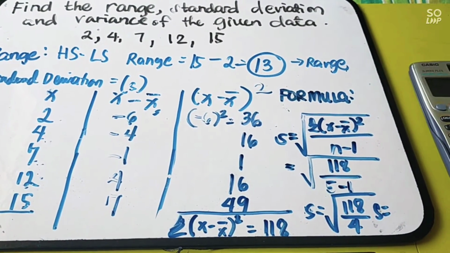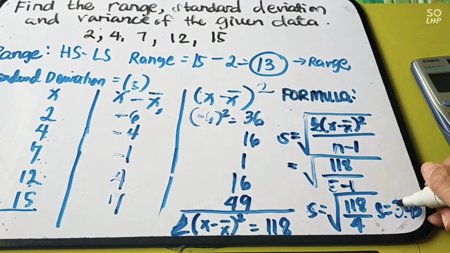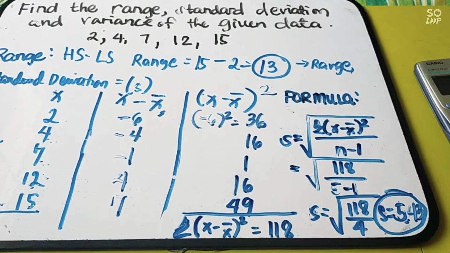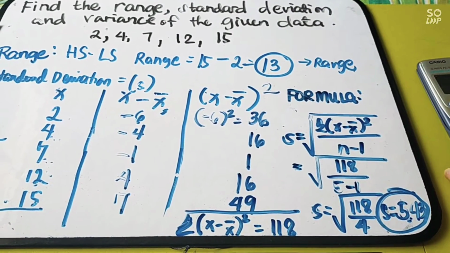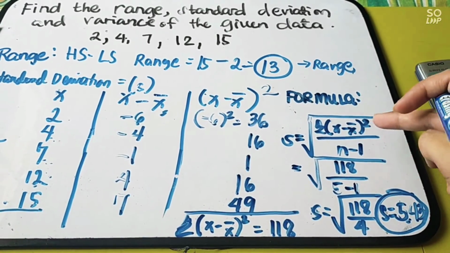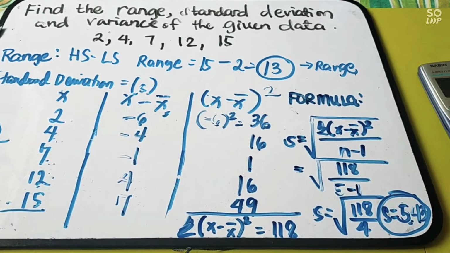So, this is your standard deviation. Is it clear? So, ganun po kumuha ng standard deviation. So, this is your formula. Summation ni the squared of x minus the mean.